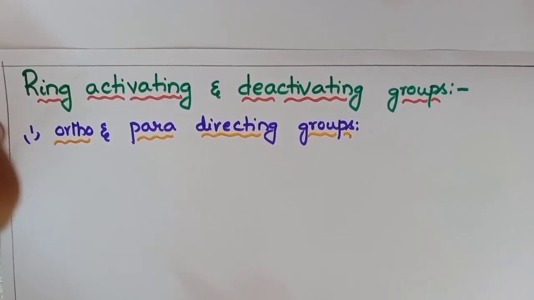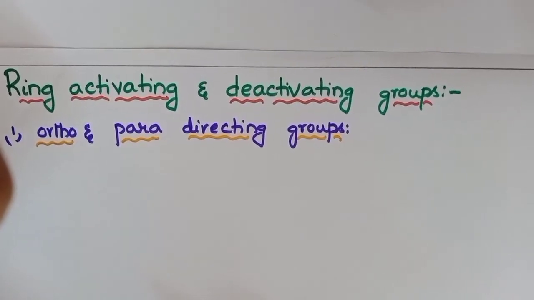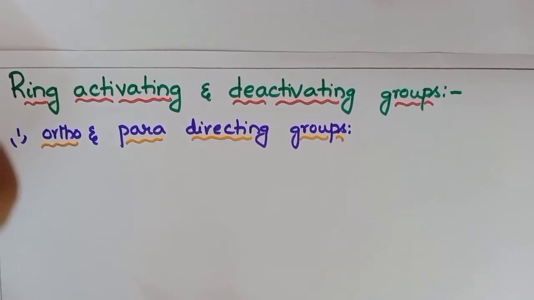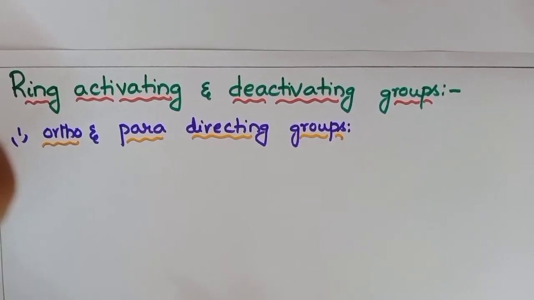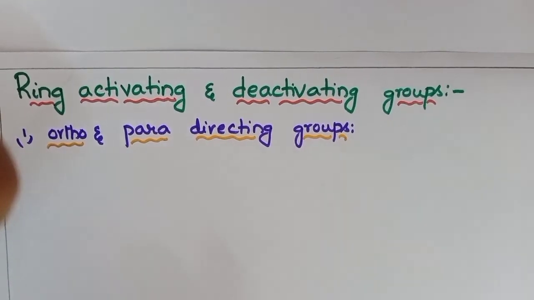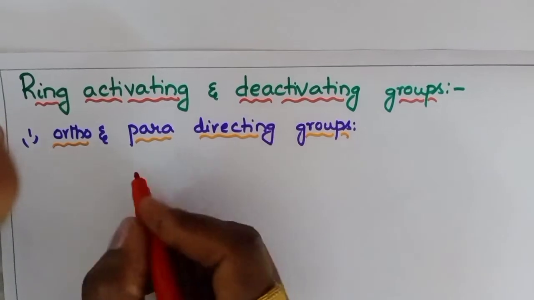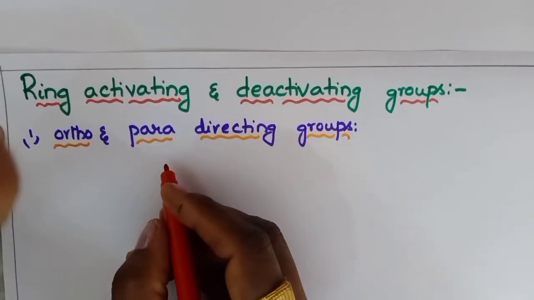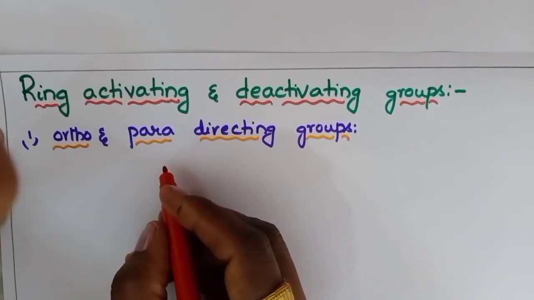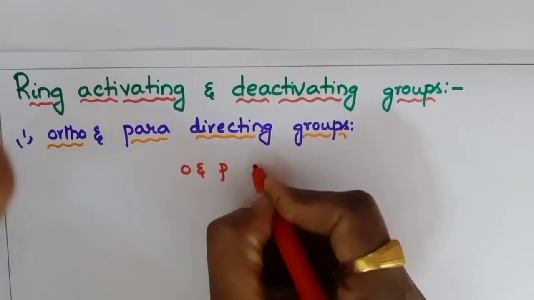So the first one, you can put the side heading as ortho and para directing groups. Kindly underline the side heading. Okay, so these are the ortho and para directing groups. These are the groups which direct the newly entering group or atom to ortho and para positions.